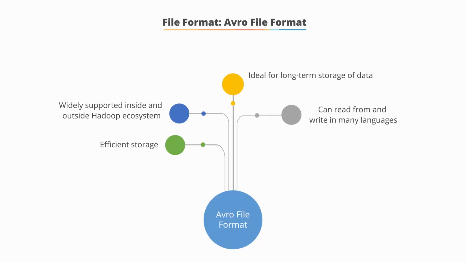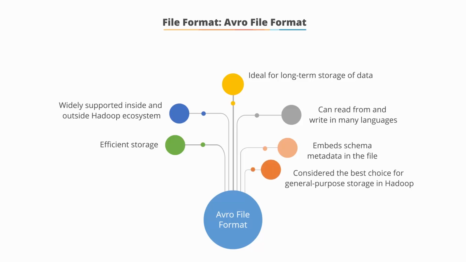It can read from and write from many languages such as Java, Scala, and so on. The schema metadata can be embedded in the file to ensure that it will always be readable. Schema evolution can accommodate changes to the file. The Avro file format is considered the best choice for general purpose storage in Hadoop.